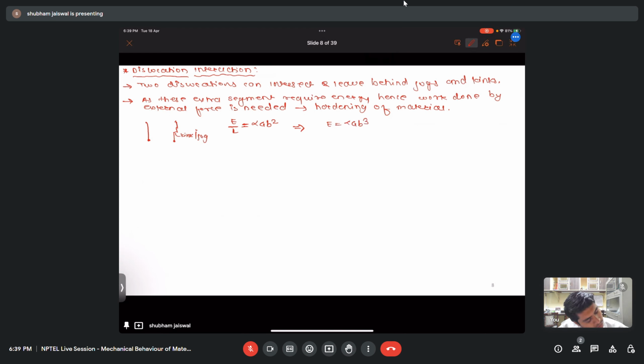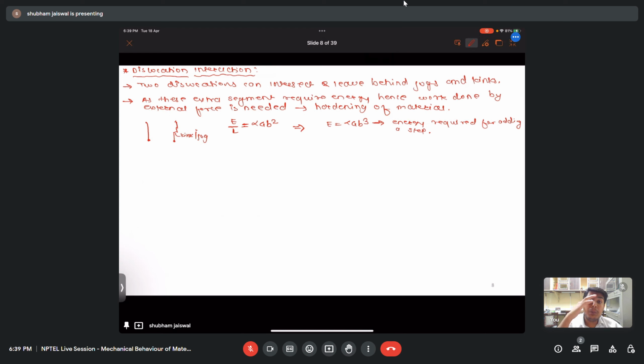So this much energy is required for adding a step in a dislocation.